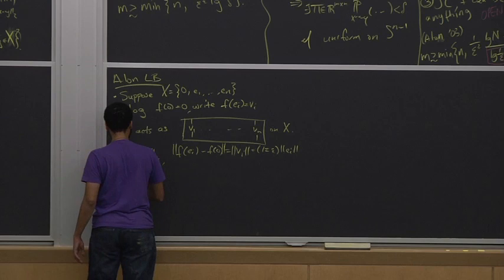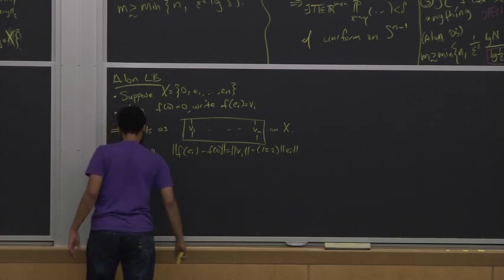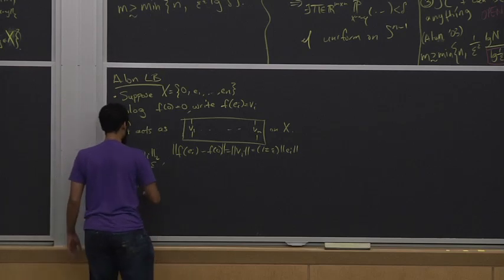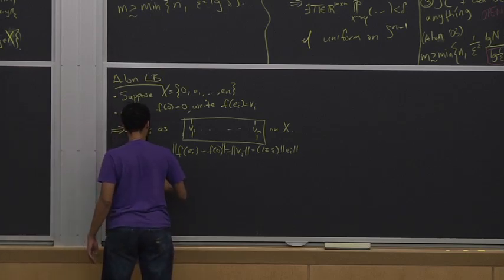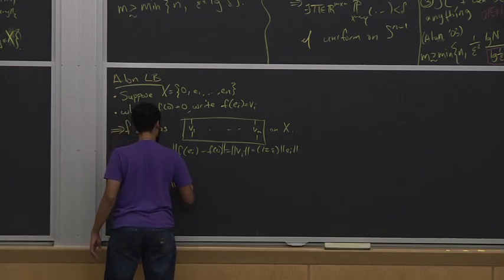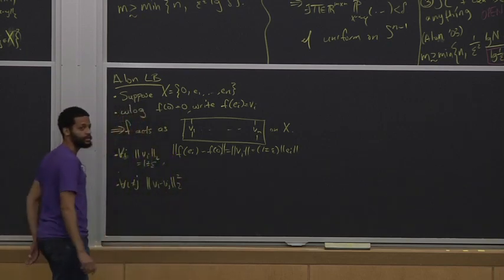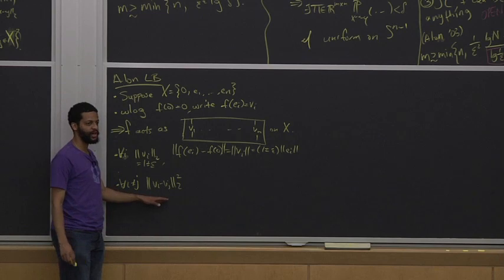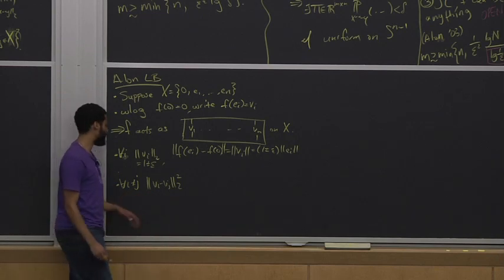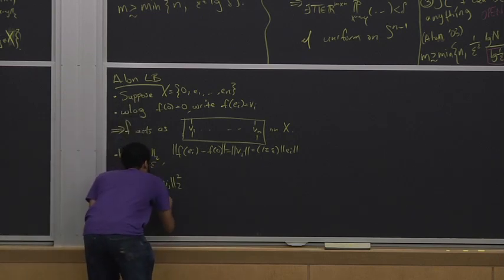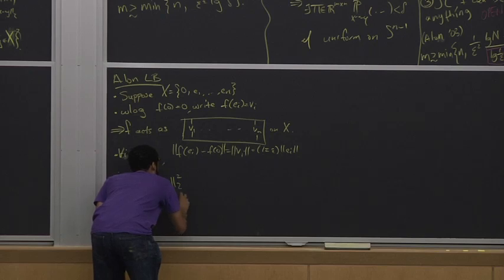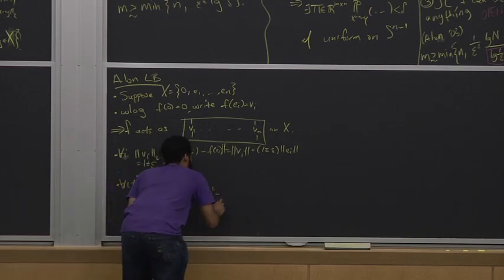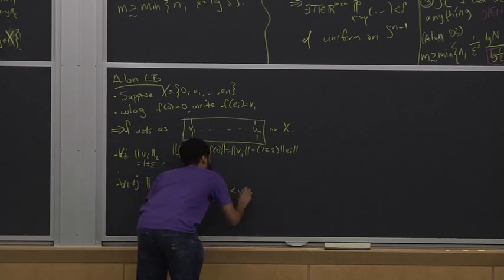Also, for all i not equal to j, if you look at vi minus vj L2 norm squared, just remember, the L2 norm squared of a vector is that vector dotted with itself. So if you expand that out, this thing is equal to vi squared plus vj squared minus twice the dot product of vi and vj.